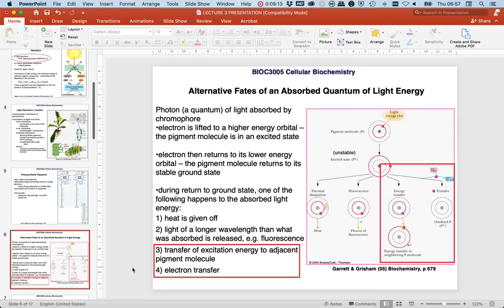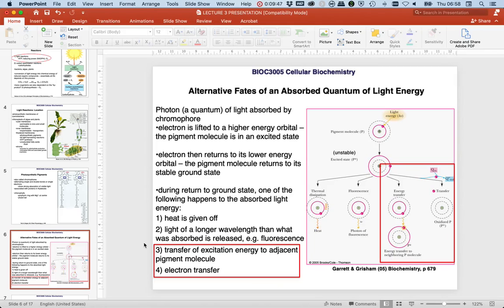So when we look at what happens when these chromophores absorb light energy, then we see that 4 different fates can be described for that energy. A photon, a packet of light energy, is absorbed by a chromophore. And when that happens, that chromophore, that pigment protein, has electrons that are lifted to a higher energy orbital, and the pigment molecule is said to be in an excited state.